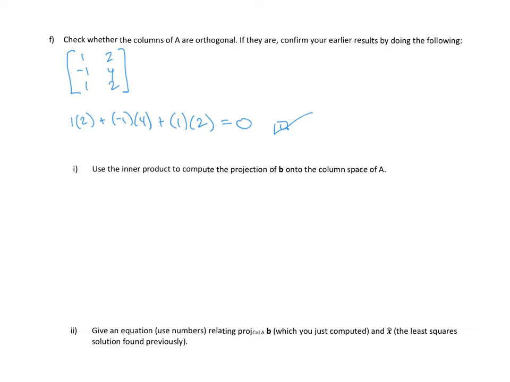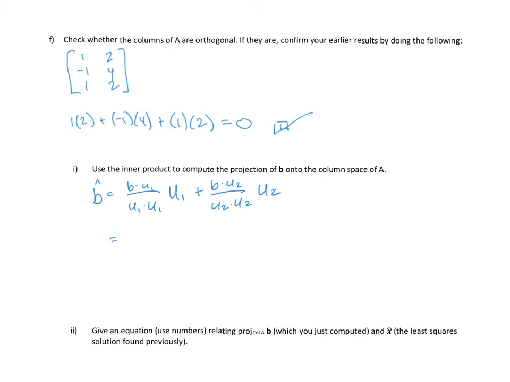So we are going to use the inner product to compute the projection of B onto the column space of A. So that means we're calculating B hat, which is going to be B dot U1 over U1 dot U1 times U1, and U1 would be the first column of A. And then B dot U2 over U2 dot U2 times U2. U2 is the second column of A.